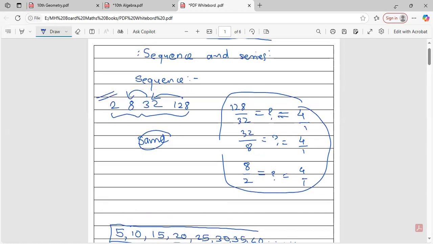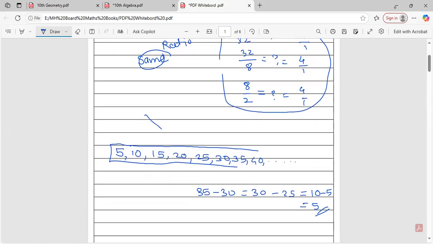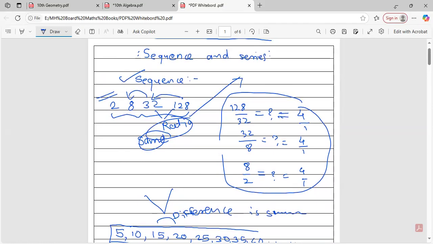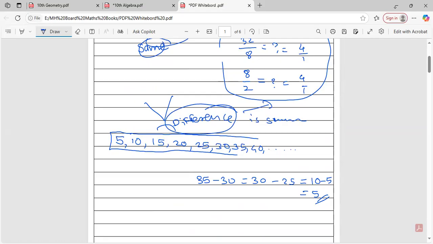So there are some sequences of numbers whose ratio of two consecutive terms is same. And there are some sequences of numbers in which the difference of any two consecutive terms is same. Now this ratio is technically a geometrical word, and this difference is technically an arithmetic word.